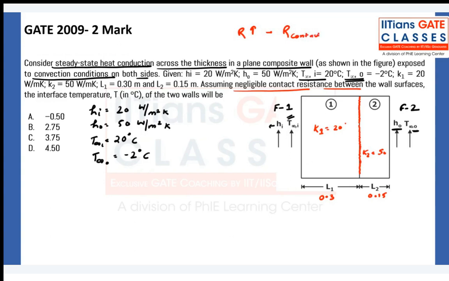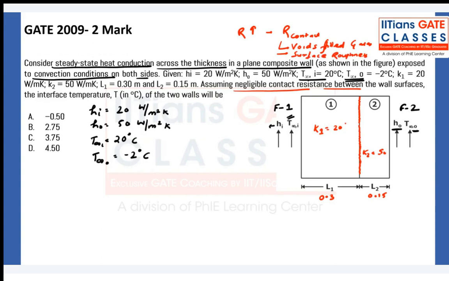Between two interfaces, contact resistance is because of voids filled with air. Air has lower thermal conductivity, so it will offer more resistance. Or there is surface roughness, so the area is reduced, and because of this contact resistance can happen. But they are saying there is no contact resistance between the wall surfaces.